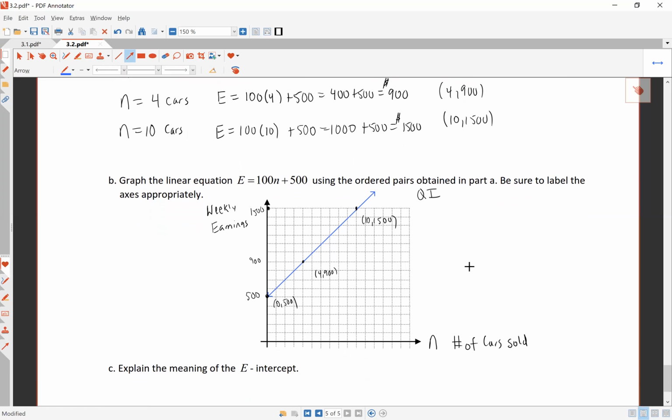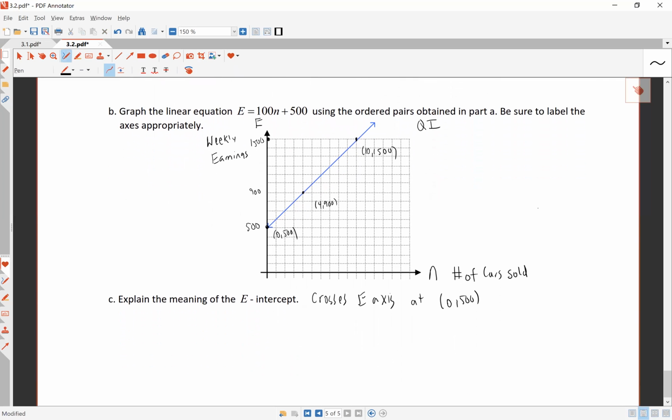Explain the meaning of the E-intercept. This vertical axis is the E axis and the horizontal is the n axis. The E-intercept is where it crosses the E axis. It crosses it at 0, 500.